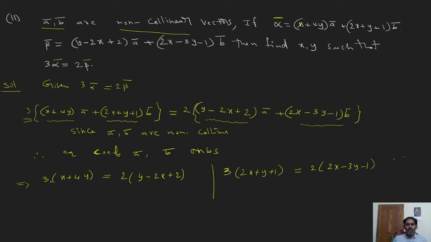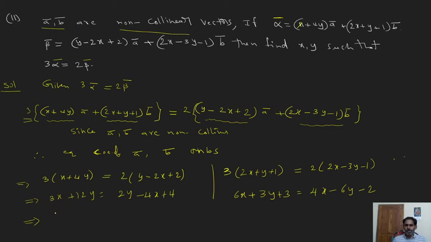So you will get two equations here. 3x plus 12y equals 2y minus 4x plus 4, and 6x plus 3y plus 3 equals 4x minus 6y minus 2. That implies, on the right side, minus 4x plus 3x.